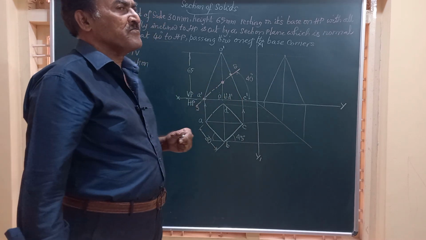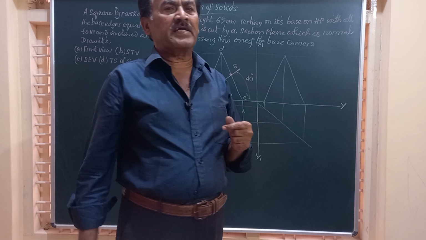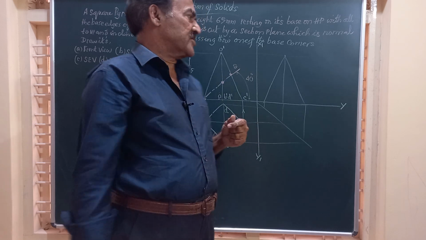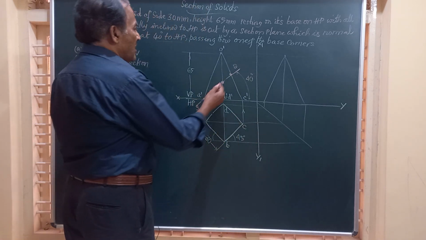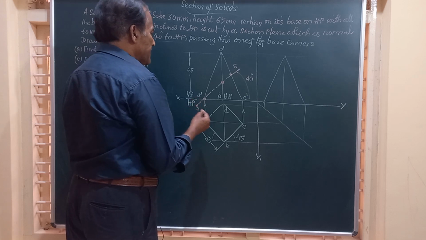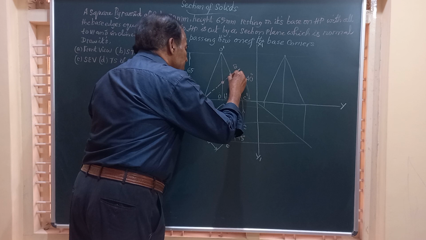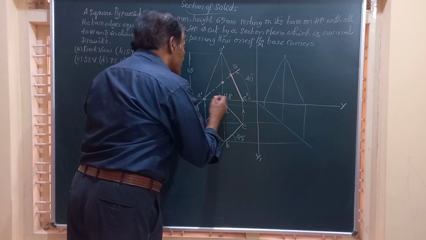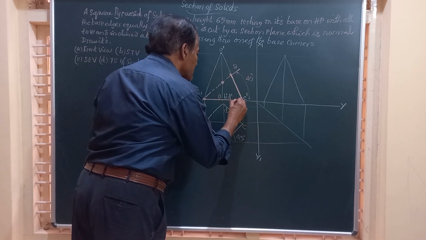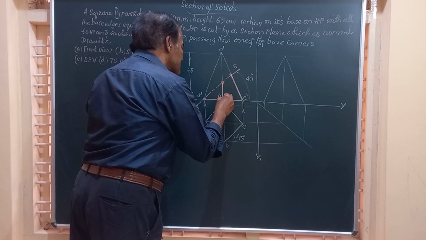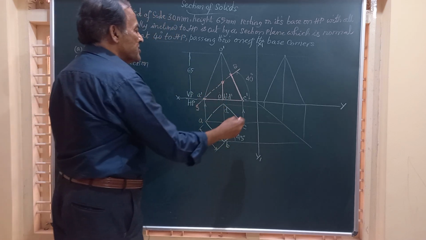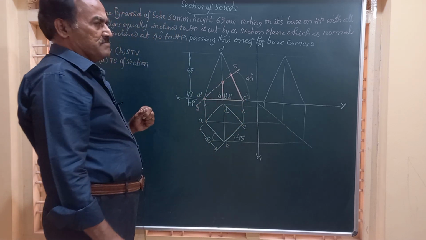So basically you are going to have 4 points in this section. After this is cut by the section plane, generally the upper portion is removed, and whatever portion is left over has to be shown by visible lines. So this is the portion that is retained.